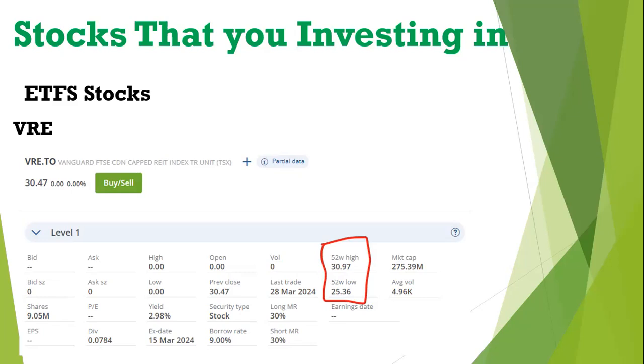If you had bought the shares at 25, at this point you would be making almost $4 per share as profit. So the strategy is long term: collect your dividend, wait for the capital gains, and when you get that opportunity, you sell those shares and make the profit.